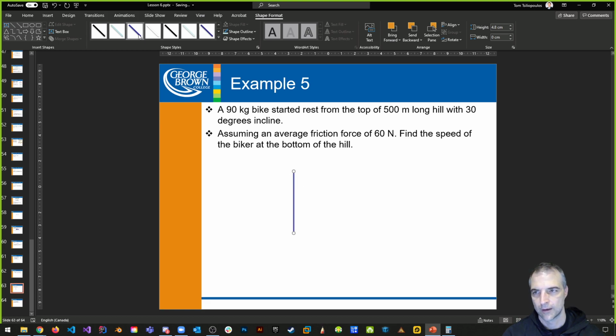I'm just going to draw it and we'll see where it goes. Let's suppose that a 30-degree incline kind of looks like this. Maybe more. I'm just eyeballing it, okay?